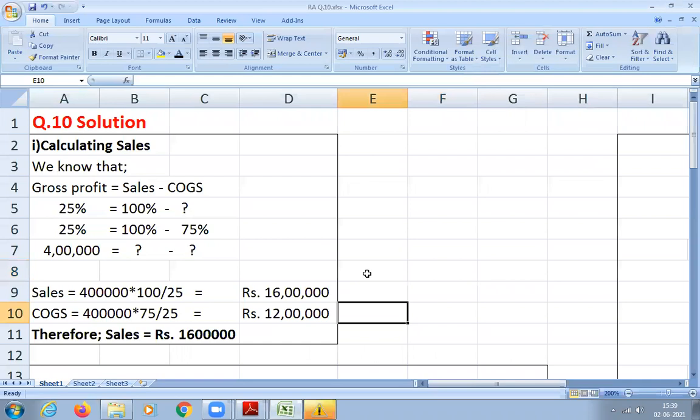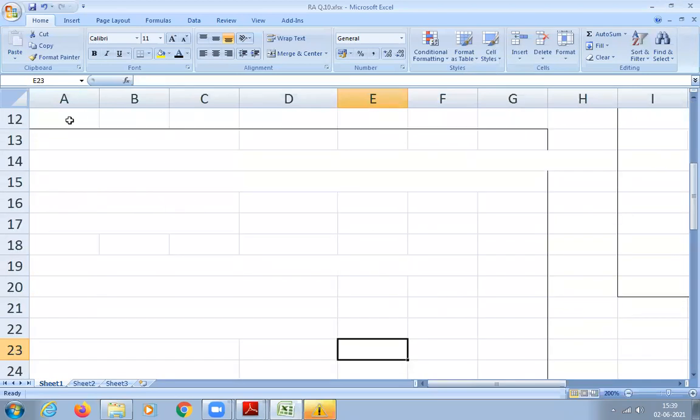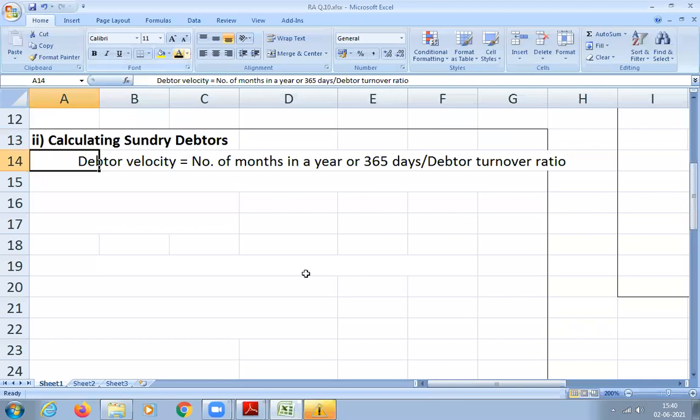So we know the average collection period, what is the formula? 12 months divided by debtors turnover ratio, DTR. So debtor velocity, students, is nothing but debt collection period. Same formula you have to use.